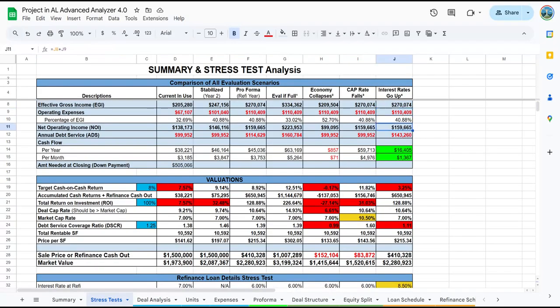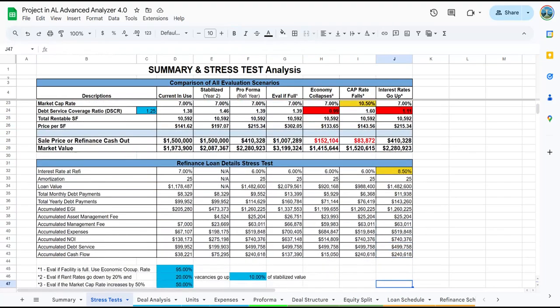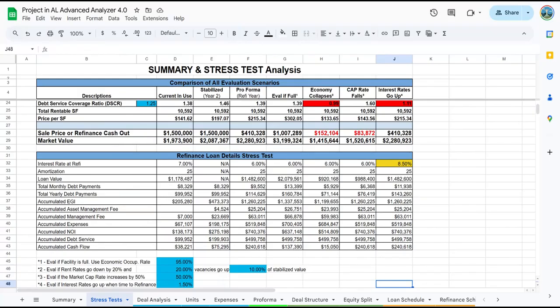And you can go through and change these numbers at the bottom to fit the criteria that you think will happen, and just see how your facility performs in different situations.